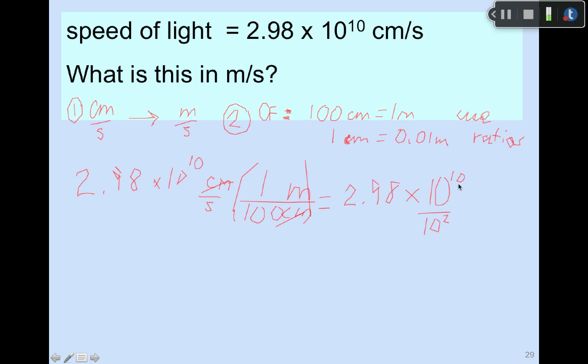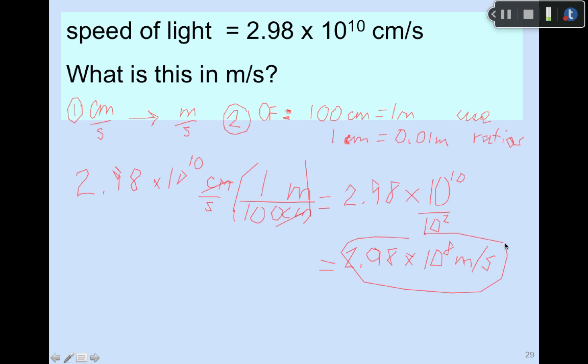And when you have exponents in the division, you need to subtract. Therefore, the answer becomes 2.98 times, well, what do you get when you take 10 minus 2? I bet it's 10 to the 8th now. And be careful as you always write these out to include your units at the very end. 10 to the 8th is the exponent here of meters per second.